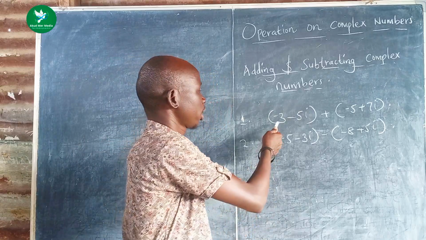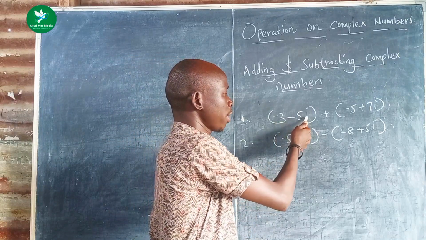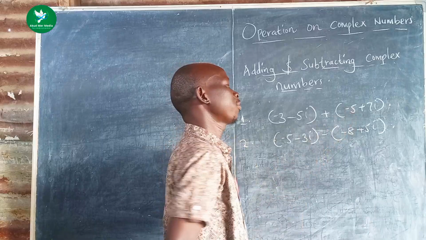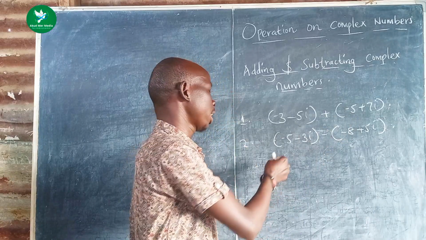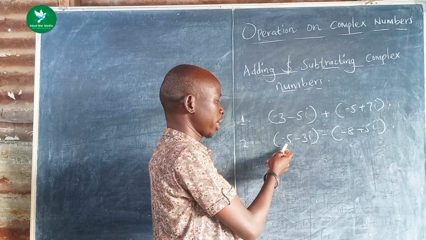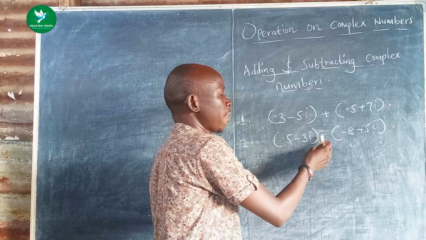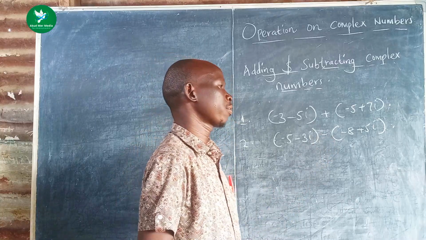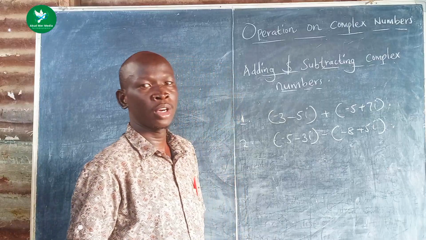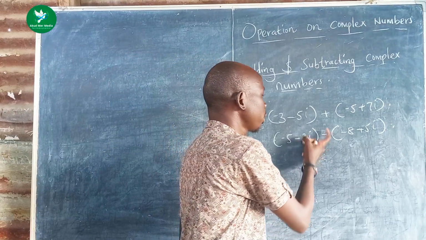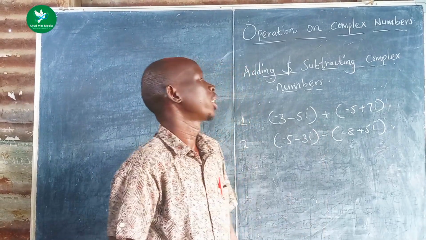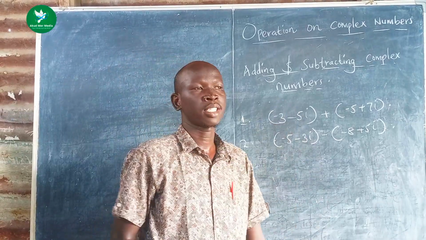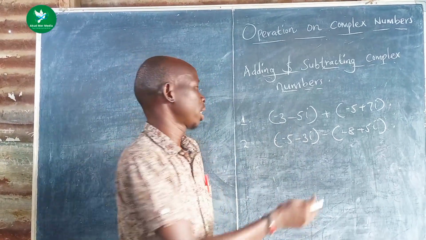Example 1: -3 minus 5i plus -5 plus 7i. Then example 2: -5 minus 3i minus -8 plus 5i. We are going to solve these two examples dealing with addition and subtraction of complex numbers.